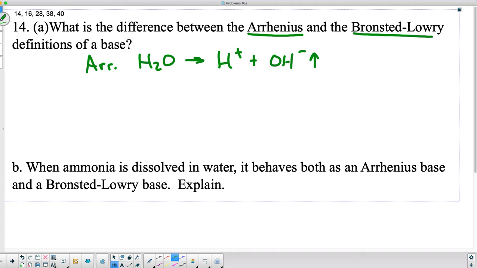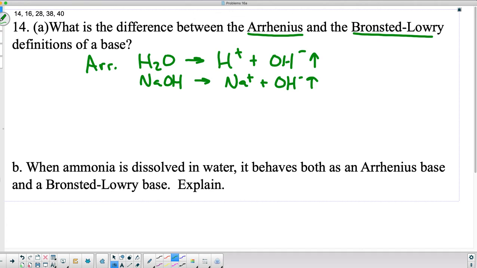And this is actually a very limited view of what's going on between Arrhenius and Brønsted-Lowry, because anything that increases the OH concentration would be considered a base, which does allow for a wide variety of compounds, but it doesn't allow for all of those things of what's going on.